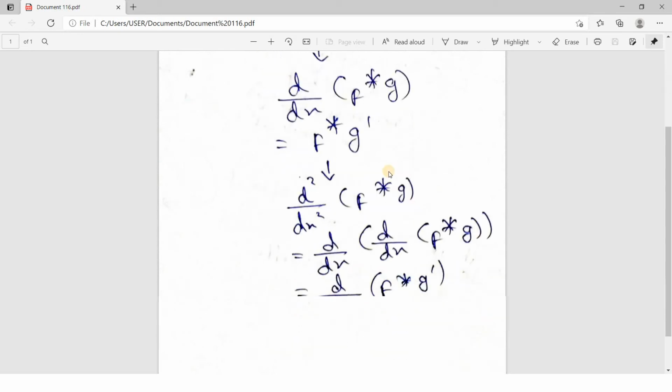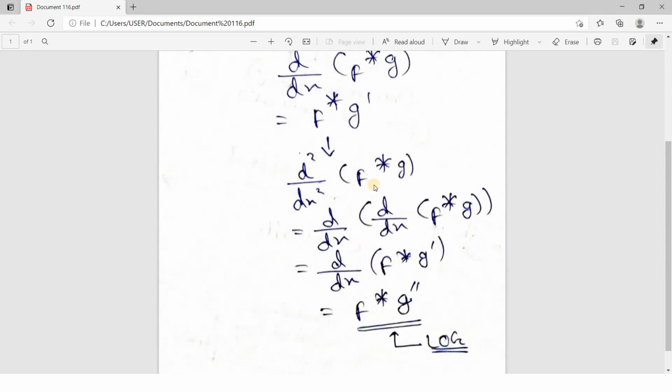that is, f convolved with g. Now observe this expression very carefully, how I am modifying d square of f convolved with g by dx square. We have our original noisy signal, we remove the noise using a Gaussian filter and take the double derivative, that is, apply the Laplacian filter. So d square by dx square, we can write as d/dx of d/dx like this.